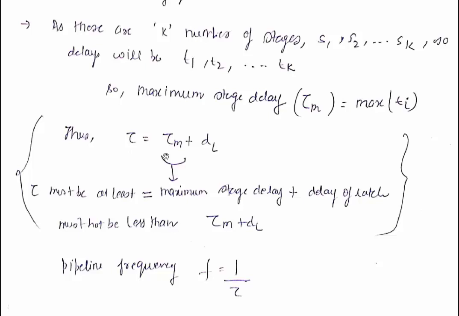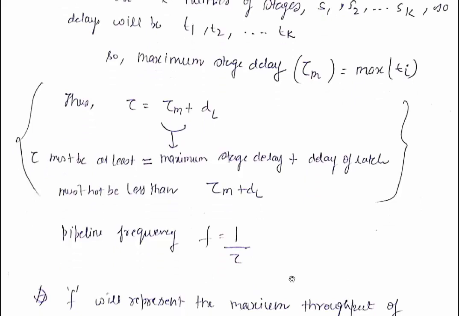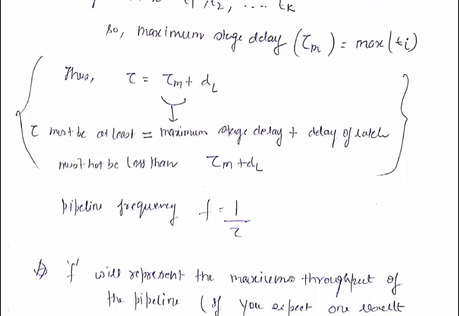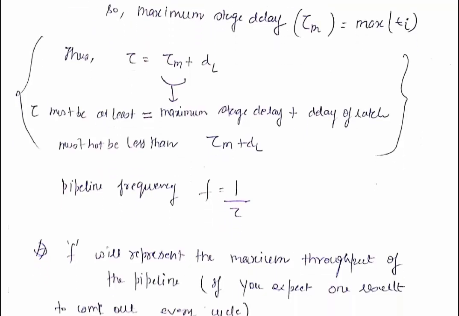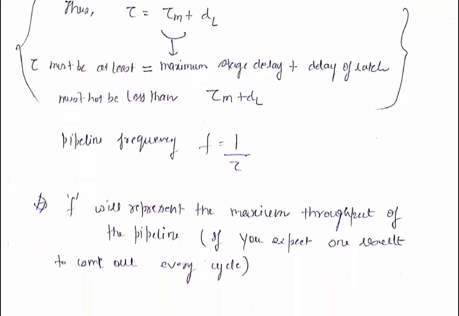How are you going to evaluate pipeline frequency? Your pipeline frequency would be represented by f, and that would be 1 divided by tau. This is a simple mathematical expression which you have seen many times for evaluating frequency. Now you can also evaluate the frequency in terms of maximum throughput.